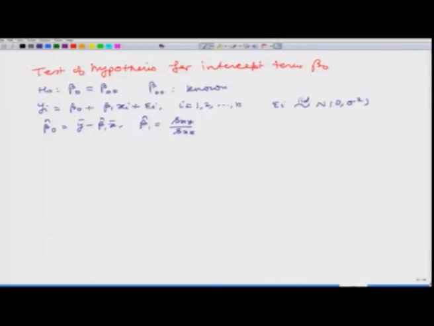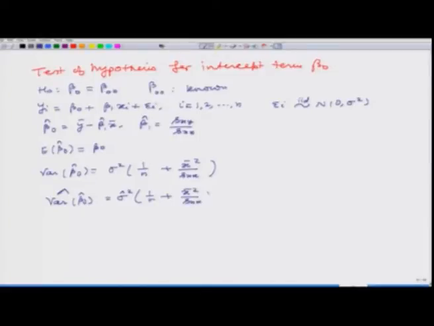We had also demonstrated that the expected value of beta 0 hat is beta 0, so it is an unbiased estimator, and the variance of beta 0 hat was obtained as sigma square times 1 over n plus x bar square over Sxx. Further, we obtained the estimate of its variance by replacing sigma square by sigma square hat, where sigma square hat is equal to the sum of squares due to residual divided by n minus 2, right.